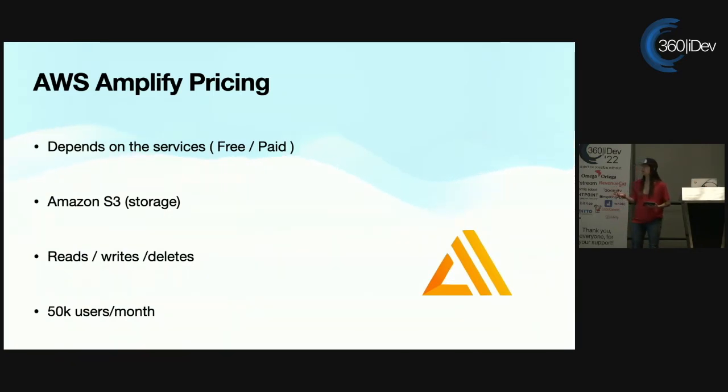So we have Amazon S3, which is used for storage, and then again, they have reads, writes, and deletes, and number of active users. But it was hard to find in a cohesive way like Firebase. So for that, they have a website called calculator.aws, and you can pick and choose which services you want to use, and based on that, they'll give you an invoice of what an estimated cost could look like.